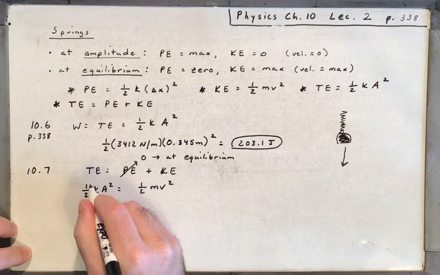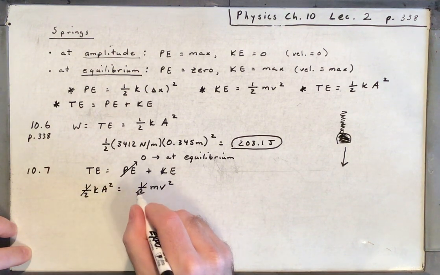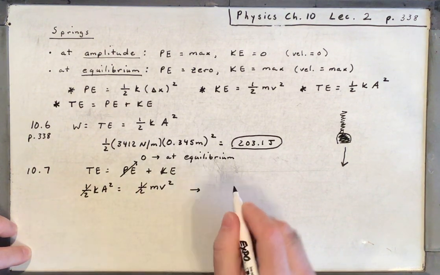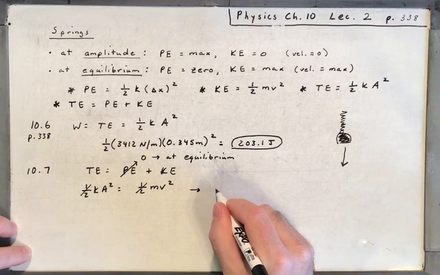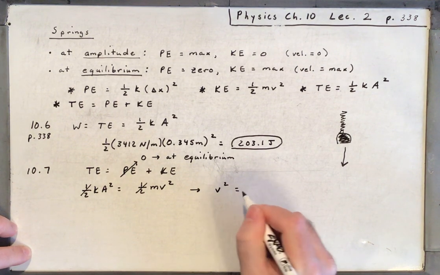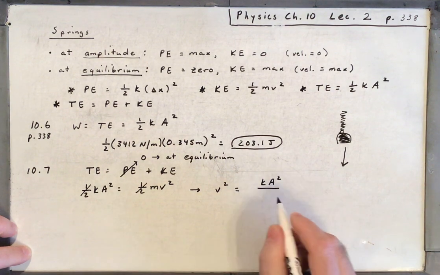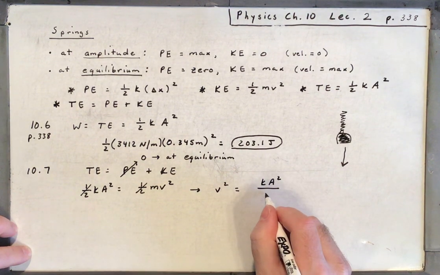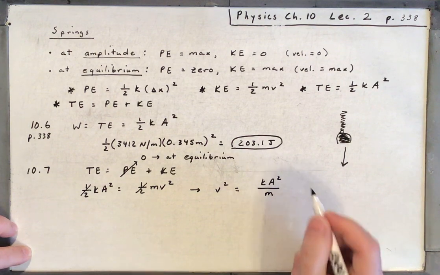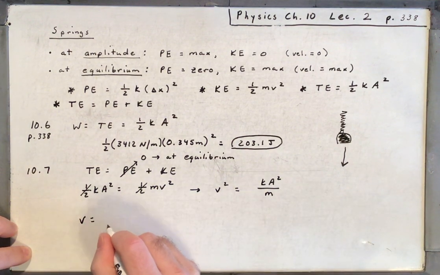The halves cancel out since we have those on both sides. So algebraically, solving for velocity, velocity squared is going to be k a squared over m. So then velocity would be the square root of that.